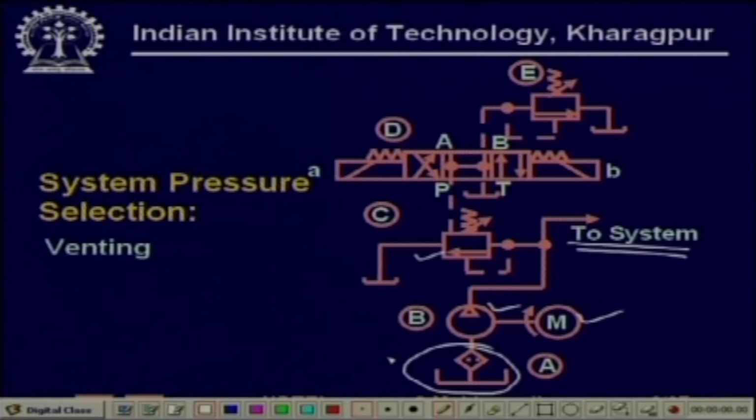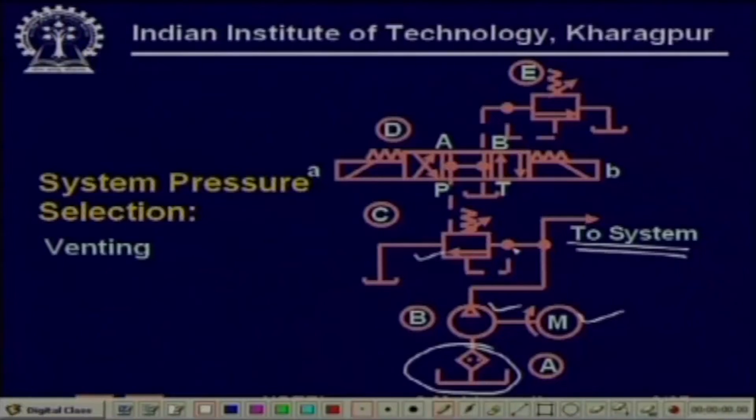Now, the pressure up to which the system can operate will obviously be selected by this relief valve. And this is actually a pilot operated relief valve. So, the setting of the relief valve depends on the pilot pressure. We have seen such valves before.